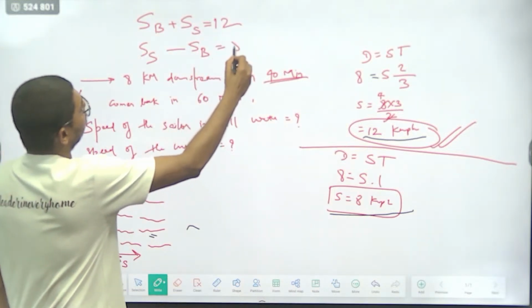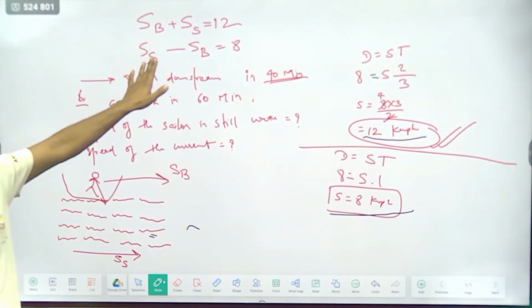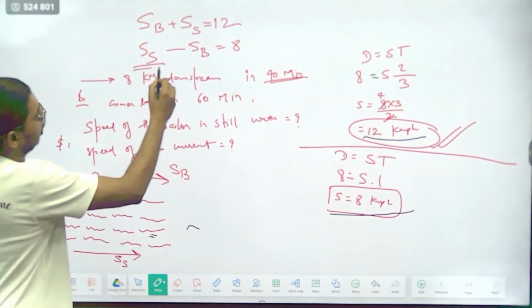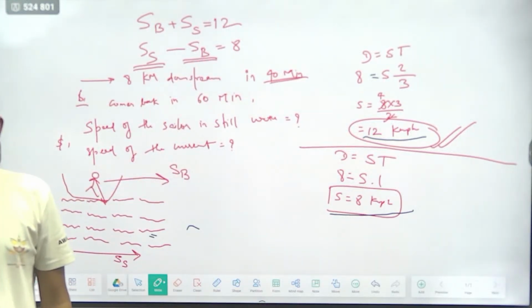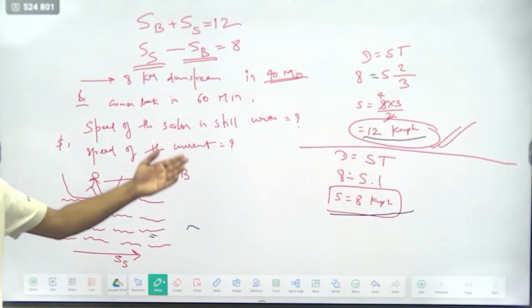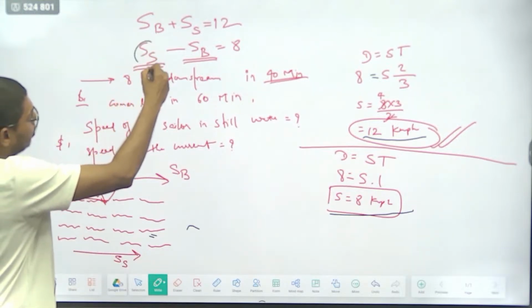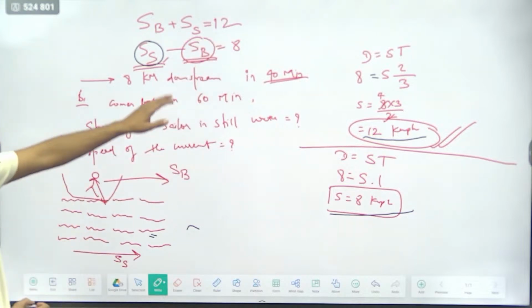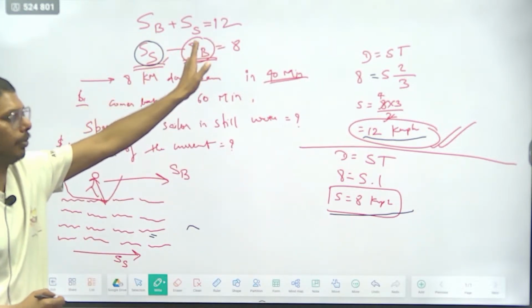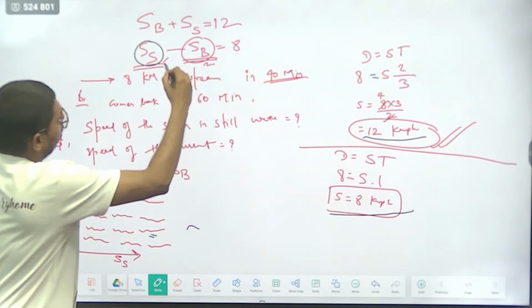Absolutely. What does it mean? If the speed of the stream is more than the speed of the boat, will the boat even move? No. What does it mean if I am subtracting the speed of the boat from the speed of the stream? If it is 2, then it is 10.